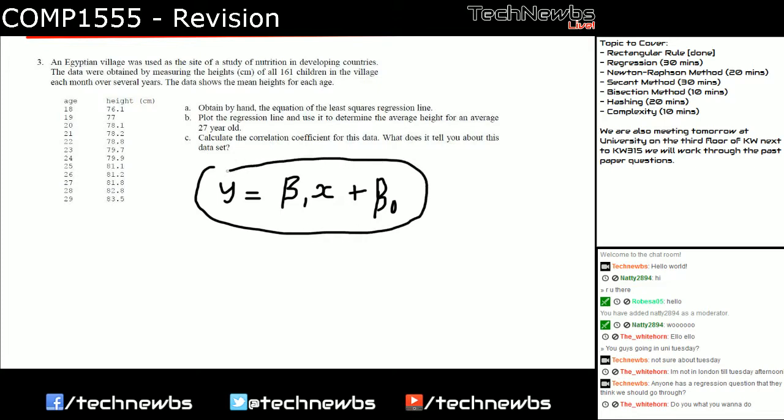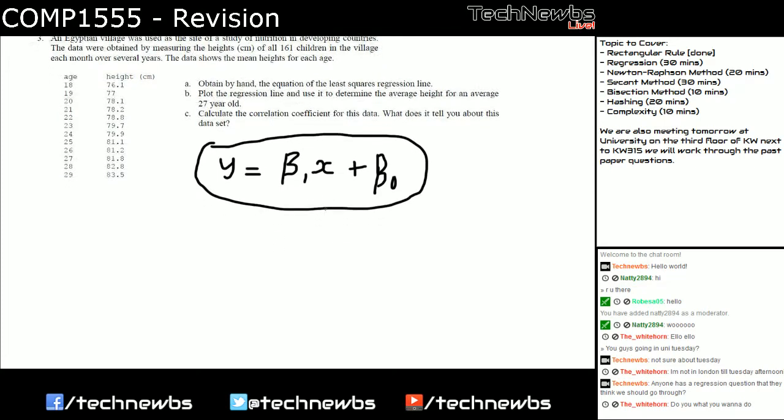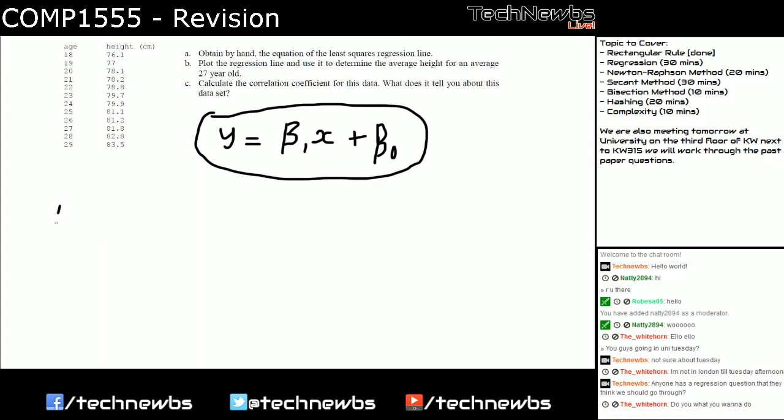Equation basically. And to do this, we have to first find b1, so beta 1. So beta 1 is basically the regression sum of x and y divided by the sum of x squared.